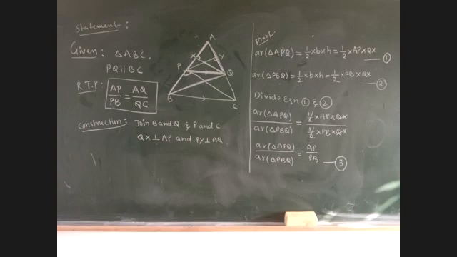Jayani, tell me the statement of basic proportionality theorem. If a line is drawn parallel to any one side of the triangle, then the line divides the other two sides equally in the same ratio. Very good. Write down, all of you.